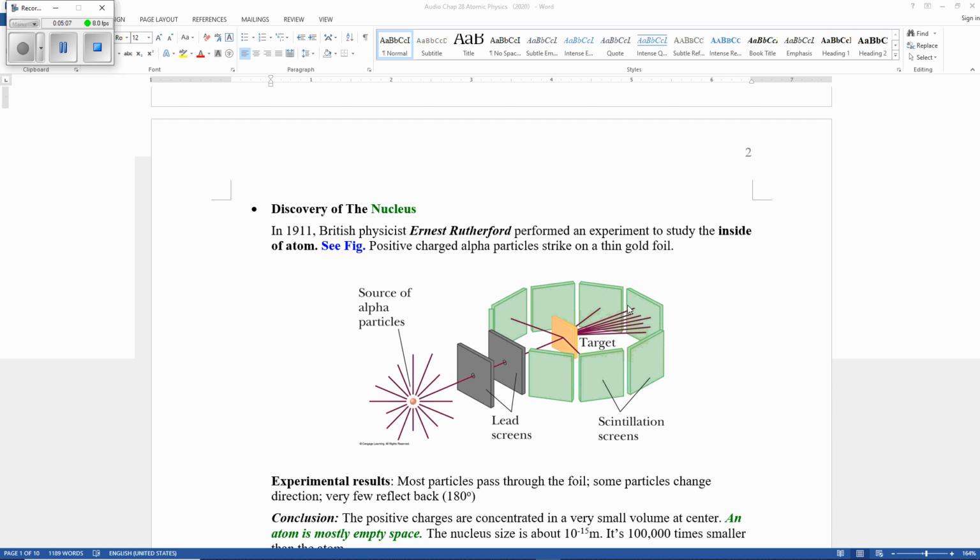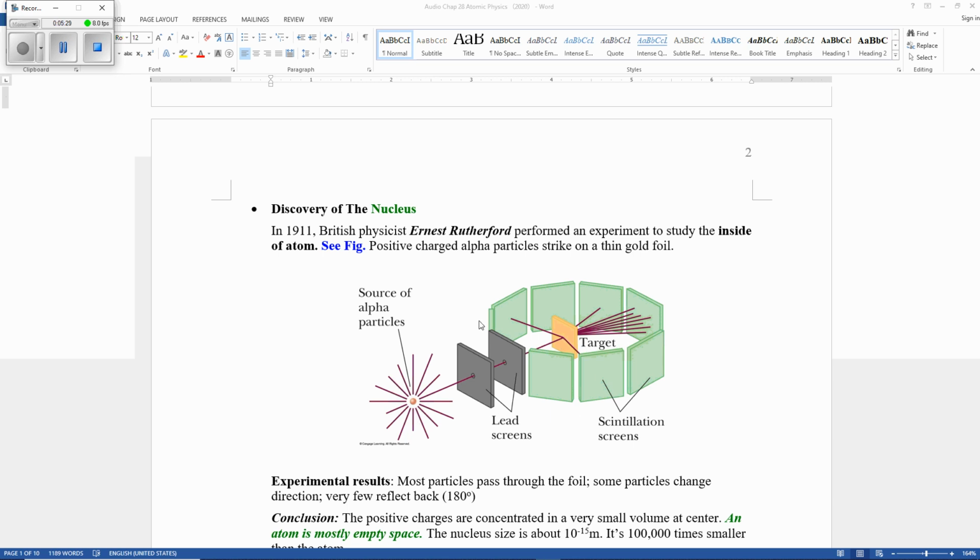I would say more than 90% go straight out. Some change direction. I would say 50 out of 1,000 change direction, go this way, go there, different directions. Very few come back this way or maybe that way.